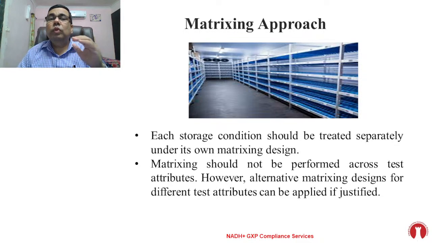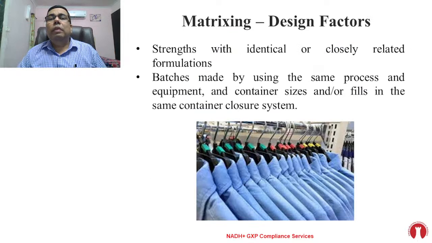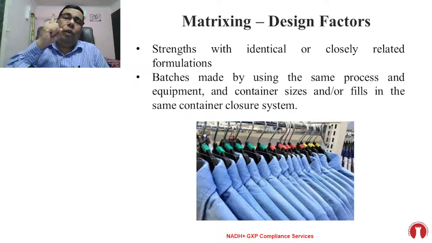Okay. This is the very clear information about the matrixing approach. Correct? Now, there are some requirements for when you can apply the matrixing, and some design factors. Very important is strength with identical or closely related formulation.